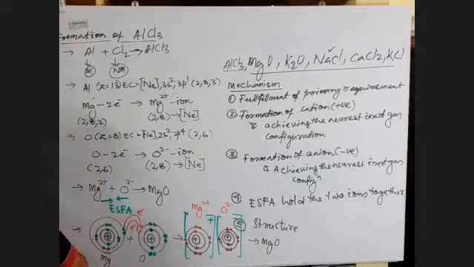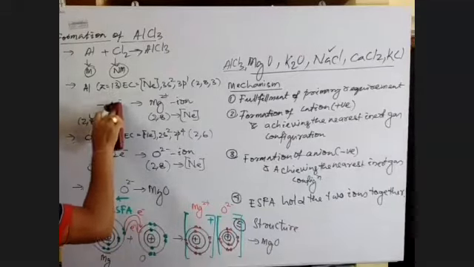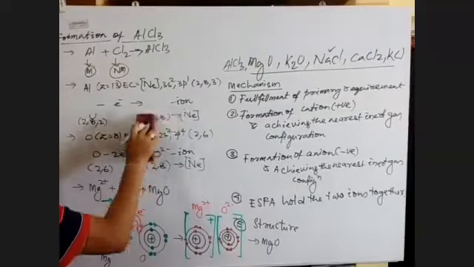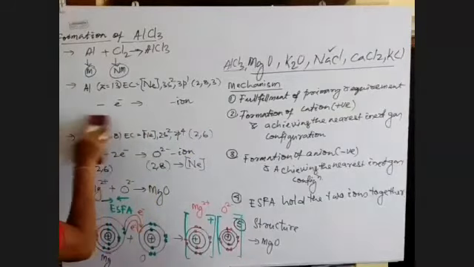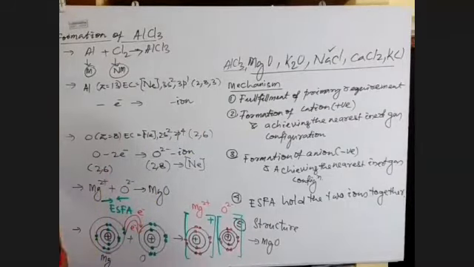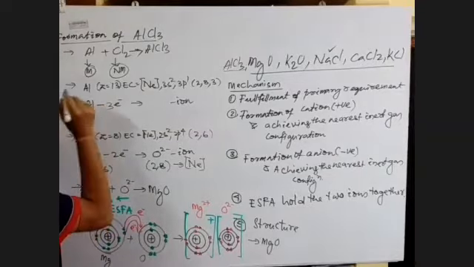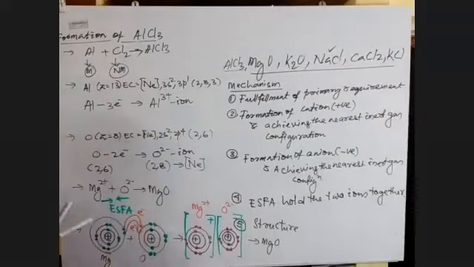So that's why aluminum will lose how many electrons? 3 electrons. Then it will form what type of ion? Okay. So aluminum will now lose the 3 electrons and form the Al3 plus ion.